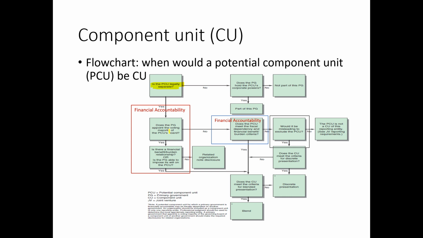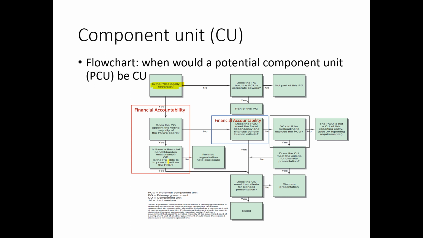Okay, if the answer is yes, then we ask another two questions. Is there a financial benefit burden relationship? Or is the primary government able to impose its will on the PCU?